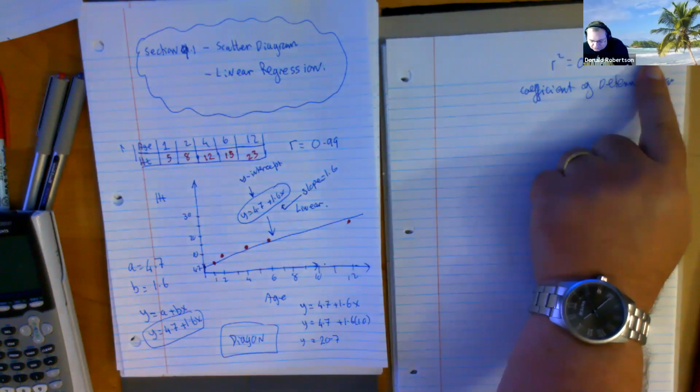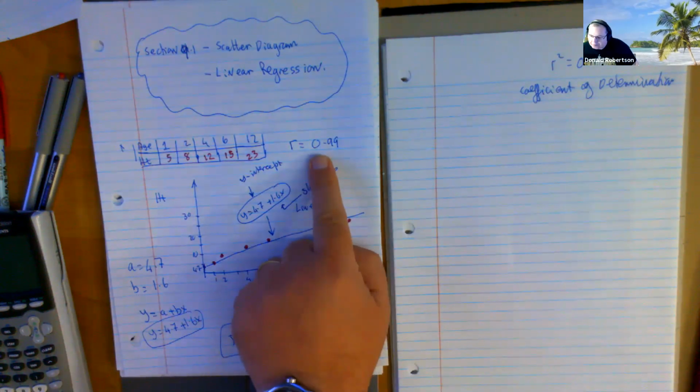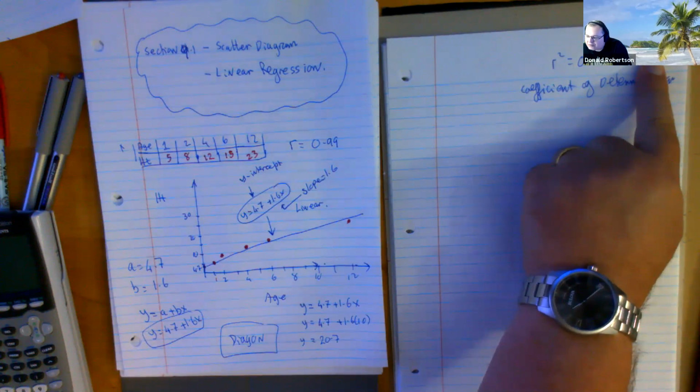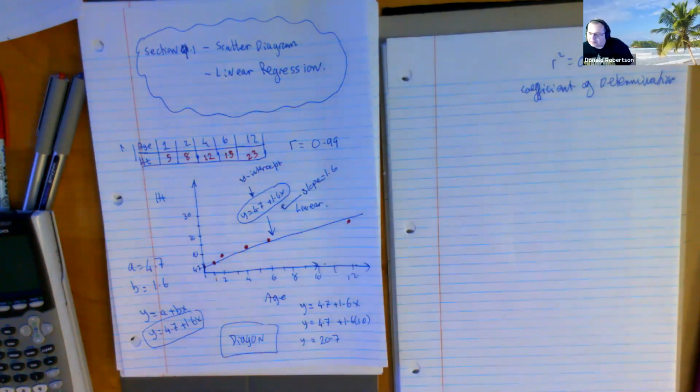We like R squared because it's the same whether the line points up or down. If this was -0.99, wouldn't the R squared still be a 98% fit? We tend to like that because it's easier on the brain.